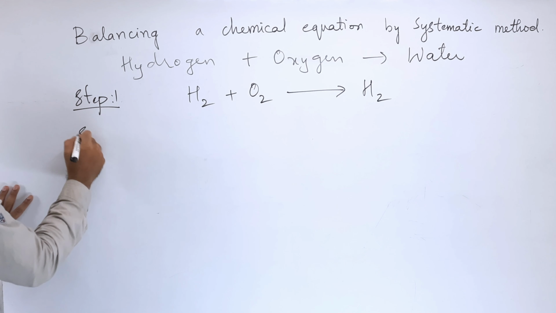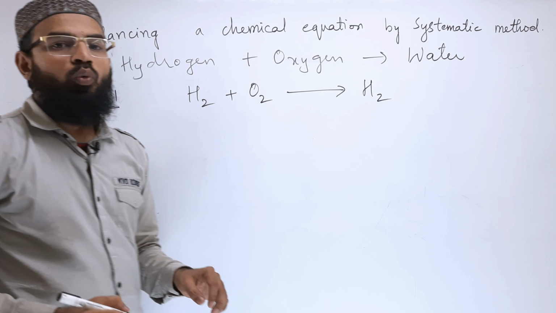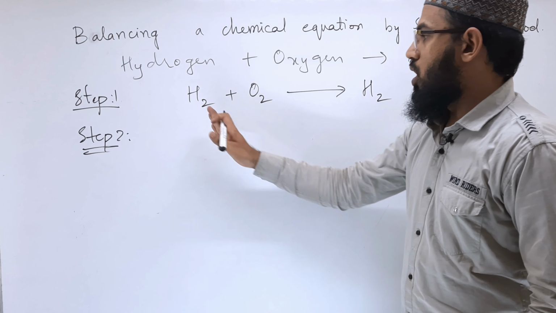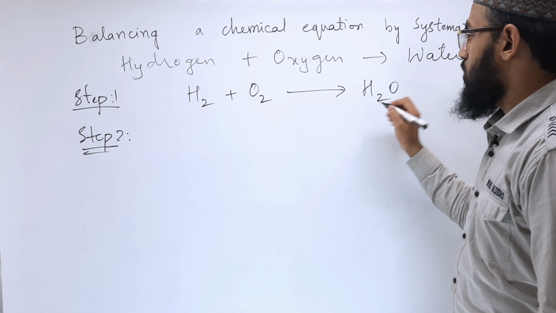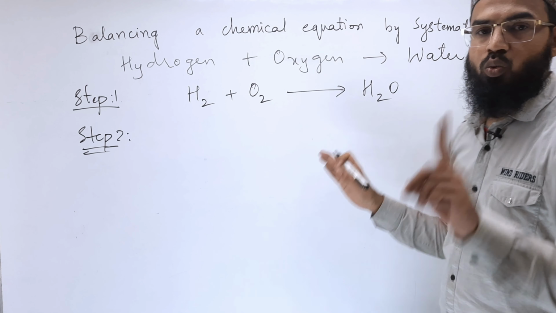Next, in step 2, we need to check the ratios of each atom. Hydrogen is 2 on the reactant side and it is also 2 on the product side, and here O is 2 and here it is 1.